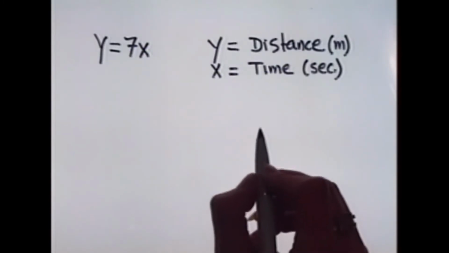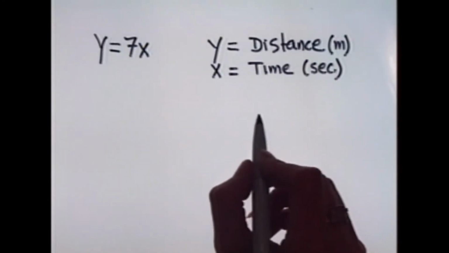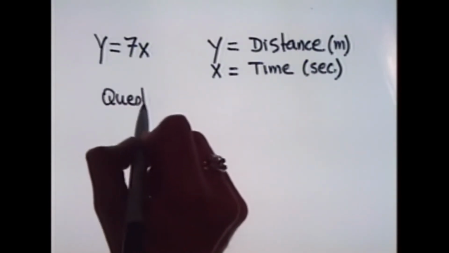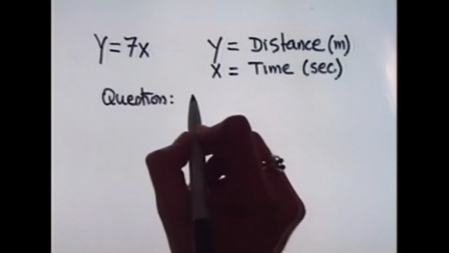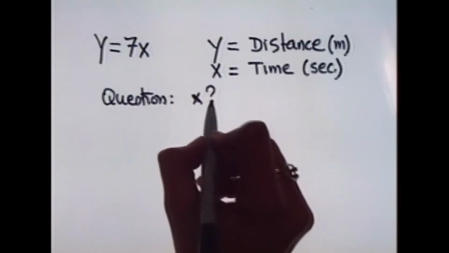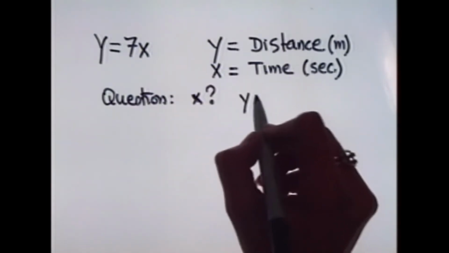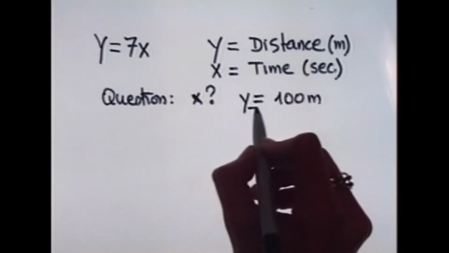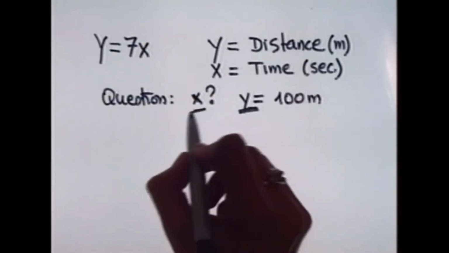That's your supposed speed or rate when you run. Well, what was the question? The question was, what will my time be, or your time, for your distance to be 100 meters? So y is given, but x is unknown.